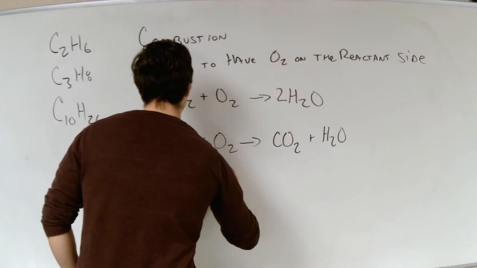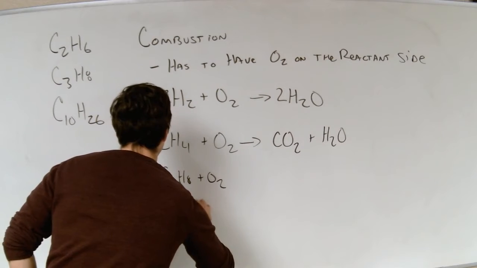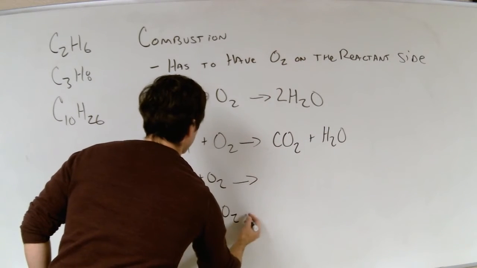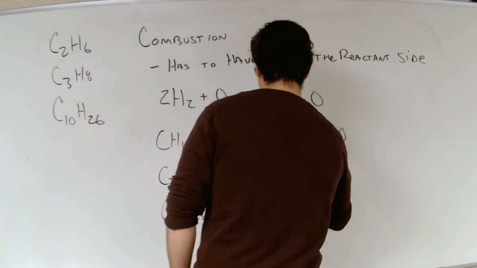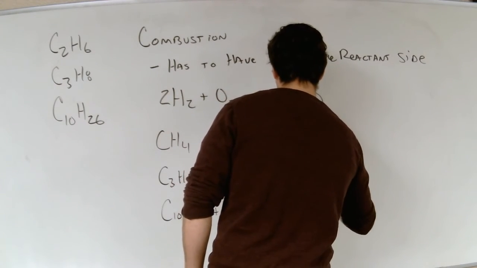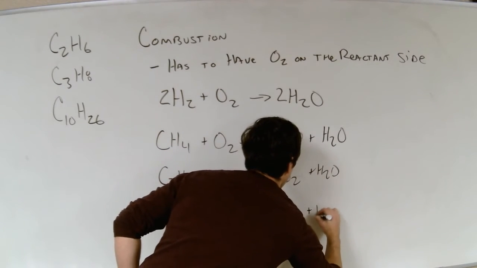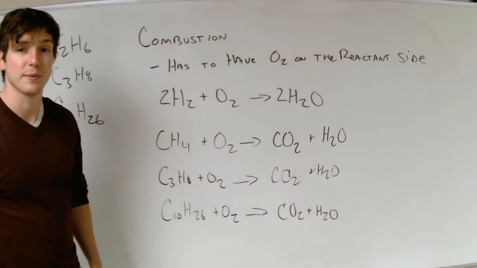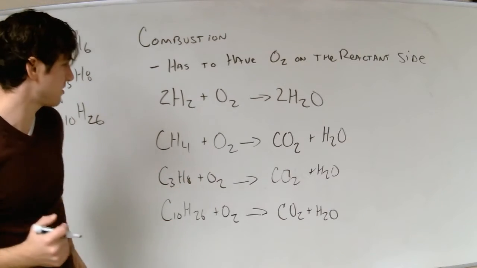I don't care if it's C3H8 plus O2. I don't care if it's that C10H26 plus O2 that I just talked about. They are always going to form CO2 and H2O whenever an oxygen is mixing with a hydrocarbon. The only thing that might change is that you might get different amounts of H2O and different amounts of CO2.